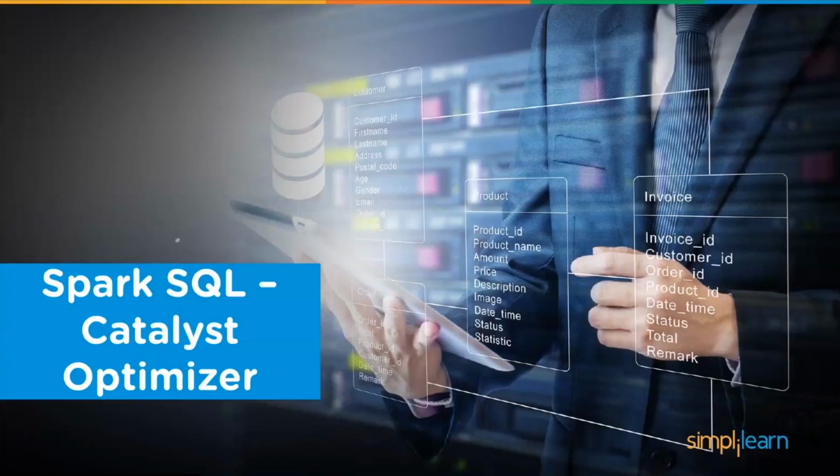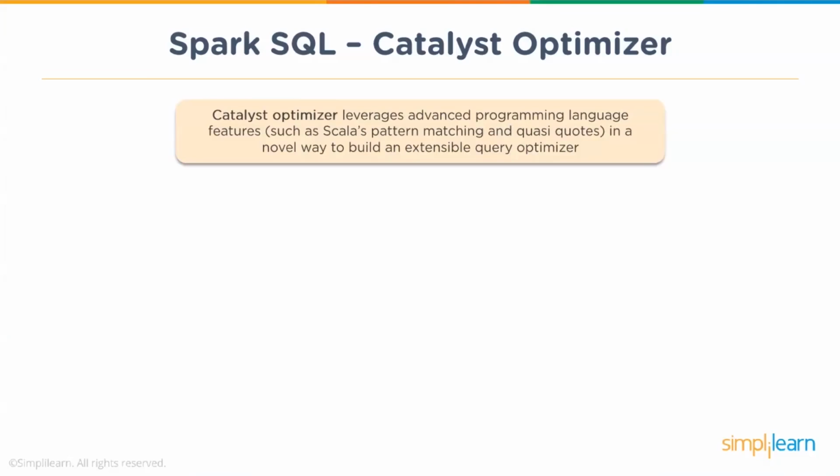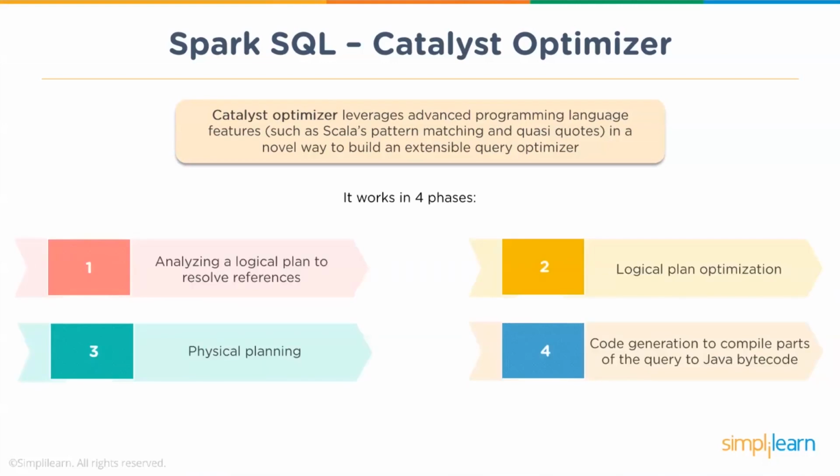Coming back to understanding your Catalyst Optimizer. When we talk about Catalyst Optimizer, what is it and what does it do? Spark's Catalyst Optimizer leverages advanced programming language features such as Scala's pattern matching and quasiquotes in a novel way to build an extensible query optimizer. It works in four phases.